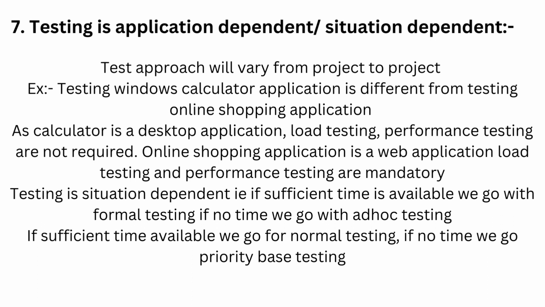We will test the application end to end without any format or documentation. That is nothing but ad hoc testing. So if sufficient time is available, we will go for normal testing. If no time, we will go for priority based testing. We will see priority based testing in an upcoming video.